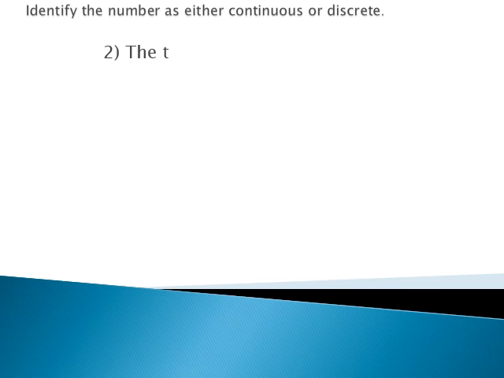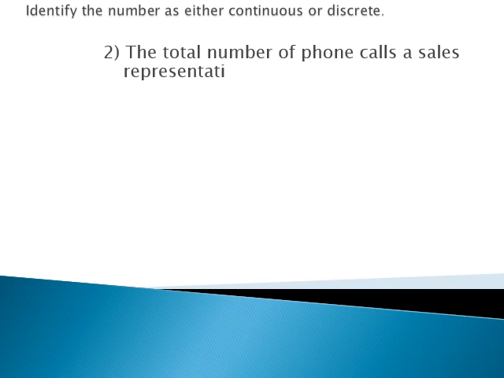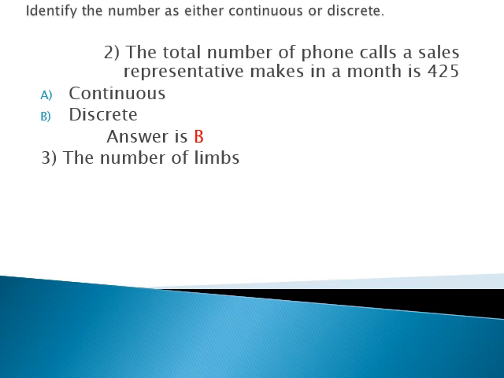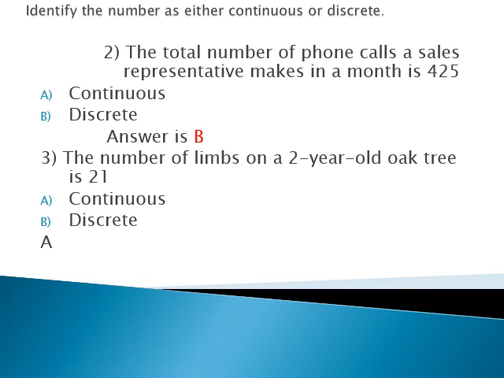Next, we can do some examples to cover everything that we have studied today. For example, if you have to differentiate between continuous and discrete, the question asks: the total number of phone calls a sales representative makes in a month is 425.